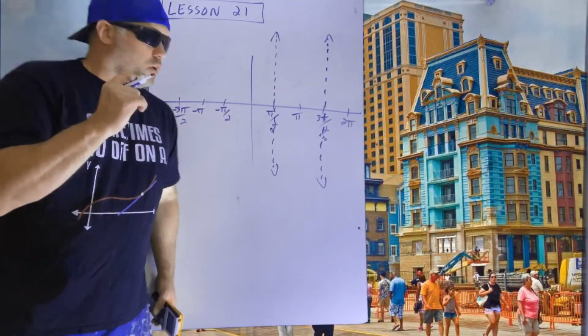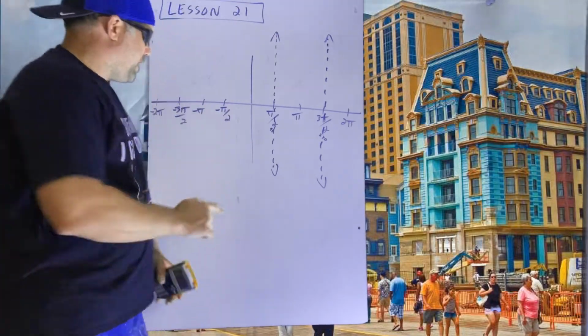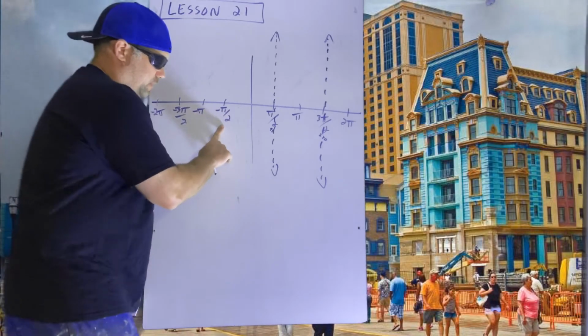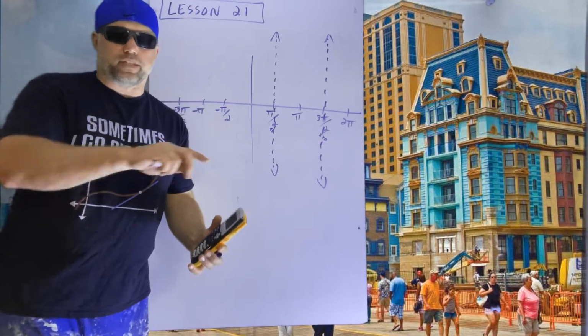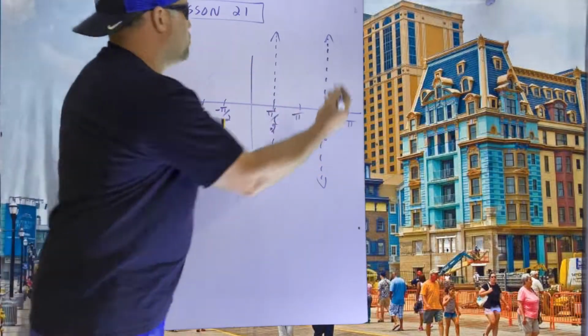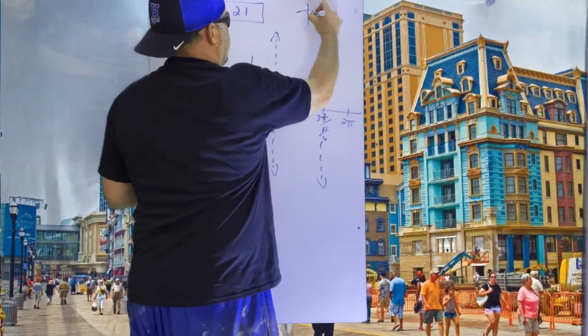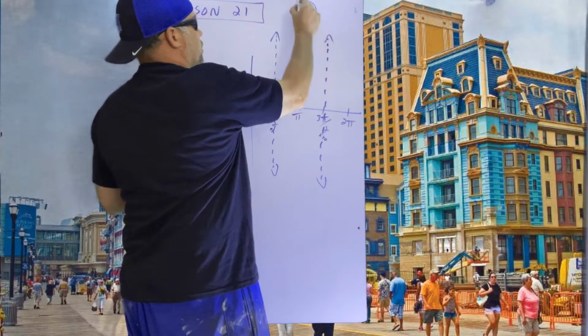Now, you need to remember that negative 90 is the same as 270. They're the same angle. When you go to negative 90, that's the same as going to 270.